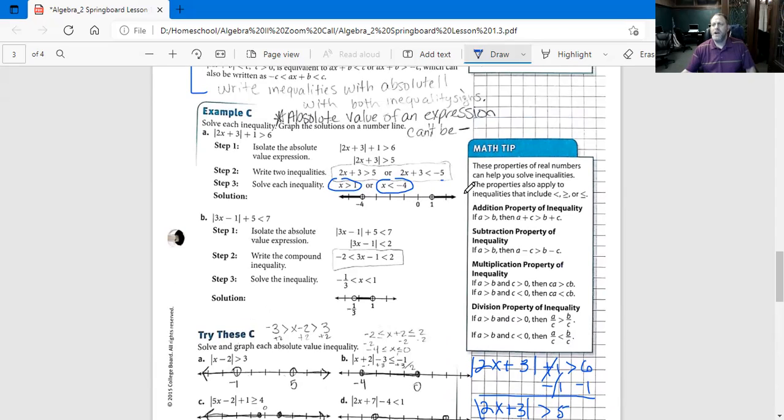Now, how do we know which direction to point them? Let's get a good look at this. See this x, pretend this x is your 0. I'm not saying it is a 0, I'm saying pretend it is on the graph. So it's going to be greater than the 0, right?